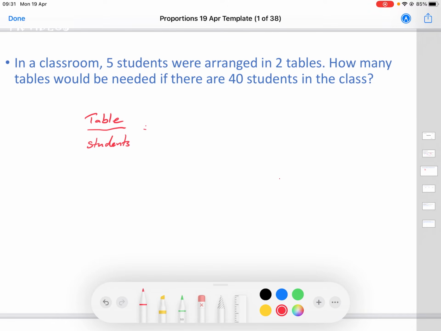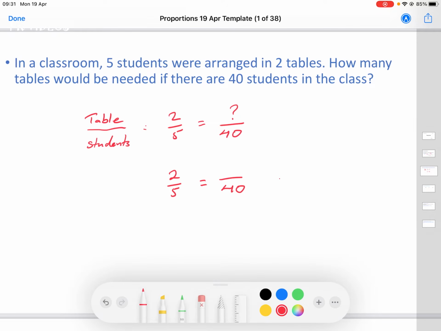That is 2 to 5. The ratio of tables to students is 2 to 5. Now, we need to find out how many tables are needed if there are 40 students. So what we can do is 2 to 5 is equal to something over 40.